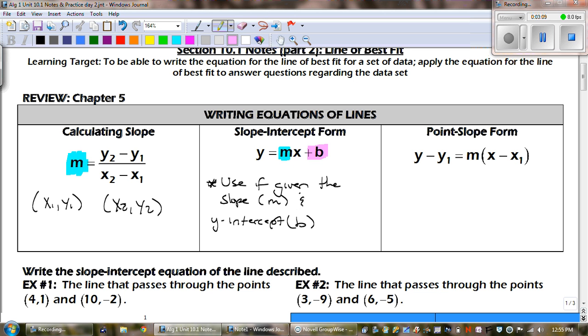If they give us the y-intercept and the slope, that's when we can use slope-intercept.